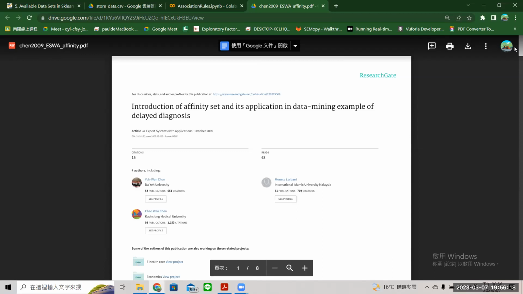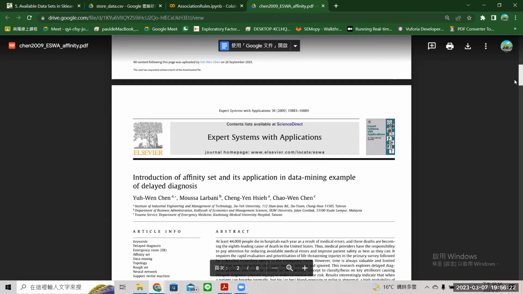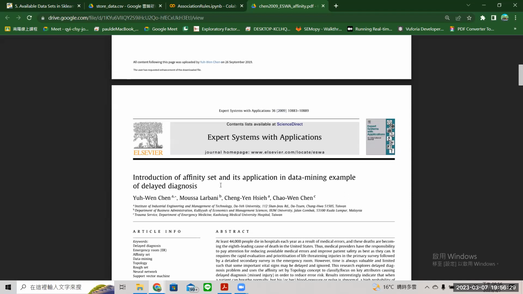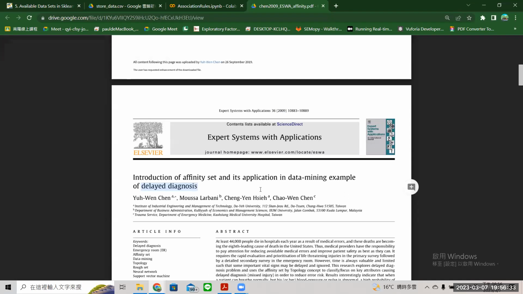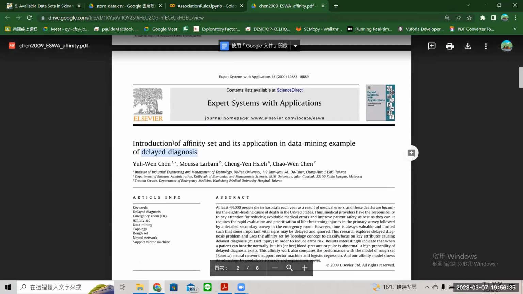Okay, I'm talking about this paper, which was published some years ago, maybe 2009. Yeah, it's long ago. I used data mining in delayed diagnosis. The delayed diagnosis is a very special case.